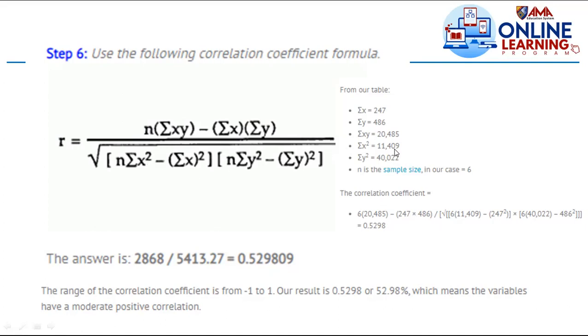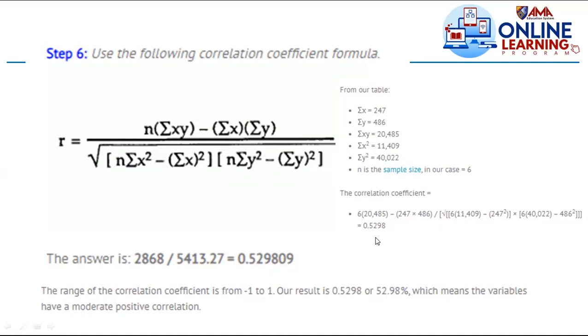Summation of x squared is 11409 minus 247 squared. Multiply by n ulit, 6 multiply summation of y squared is 40,022 minus 486 and then squared.